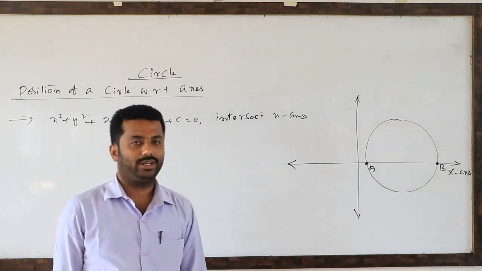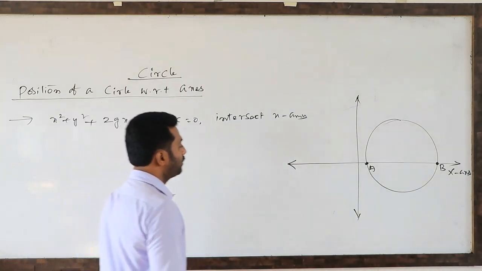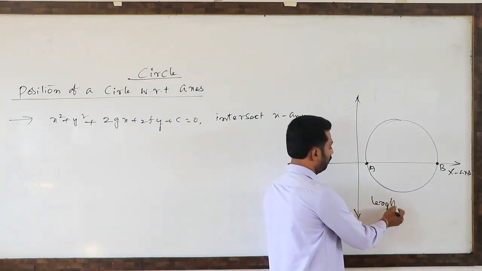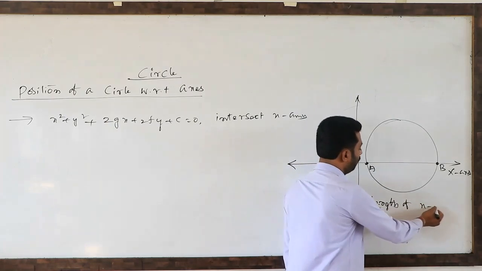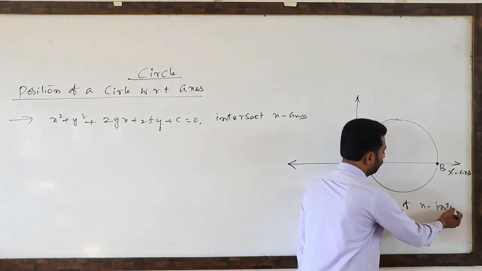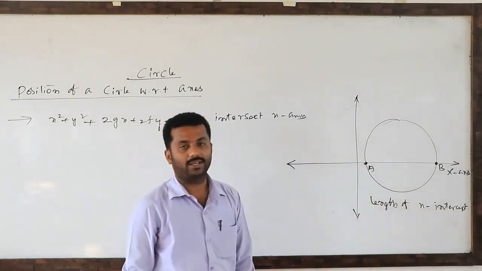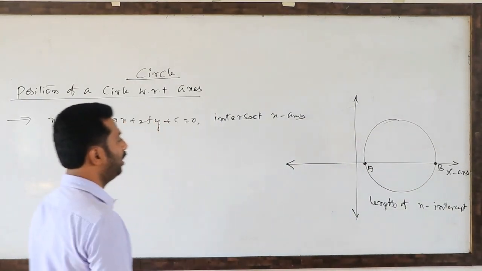The length of AB means the length of the x-intercept made by the circle on the x-axis.